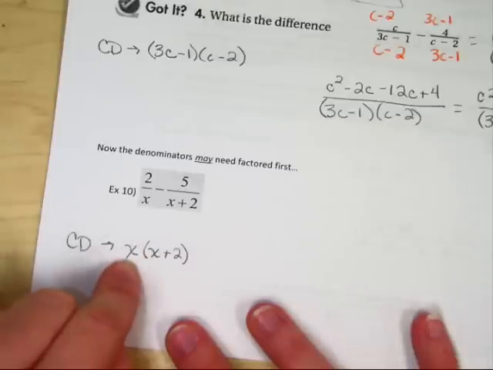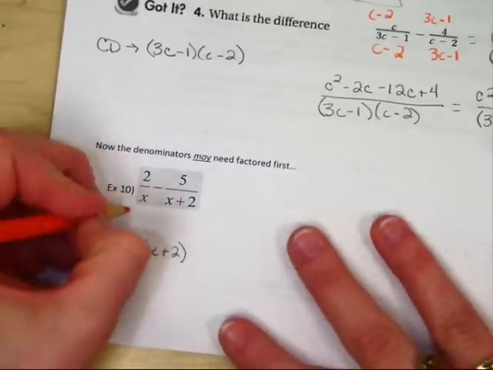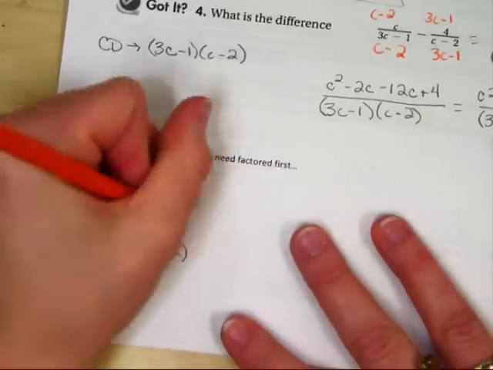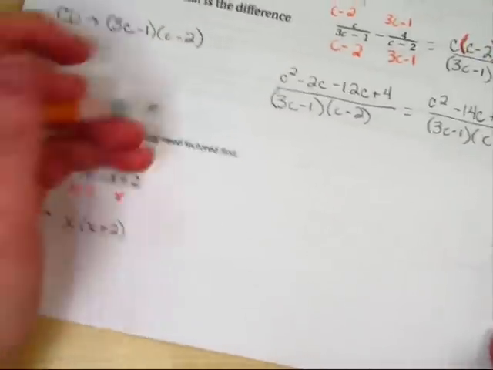Because this is a monomial and this one's a binomial, they're completely different, which means that I need both of them. Now, what is the 2 over x missing? It is missing the x plus 2. The x plus 2 is missing an x, so the 5 needs an x. Carry it over.